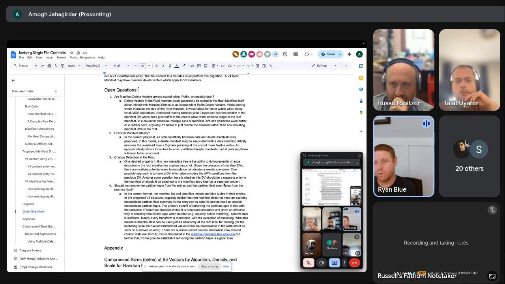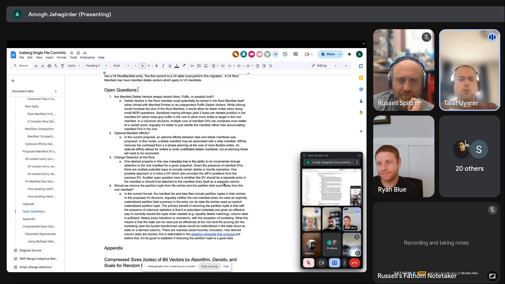We want to look into alternatives because equality deletes just have not been effective so far. But we haven't deprecated them, so we need to make sure that we can still at least maintain what we do today with equality deletes.